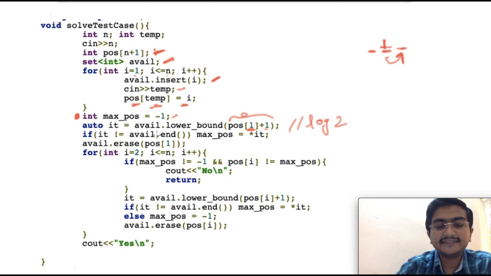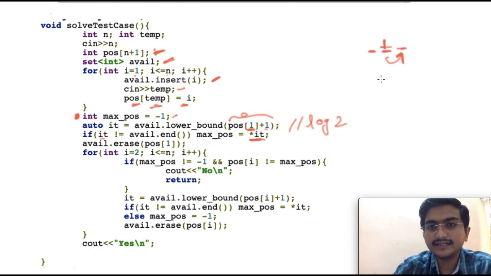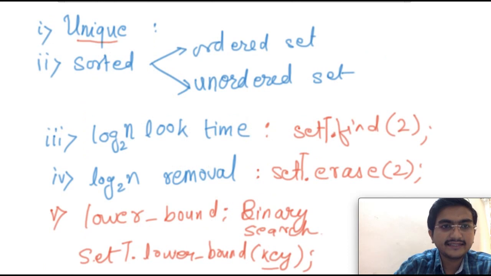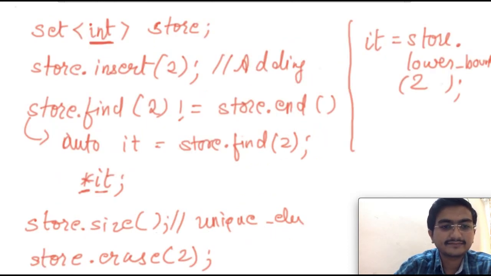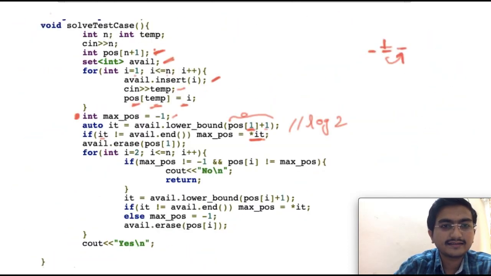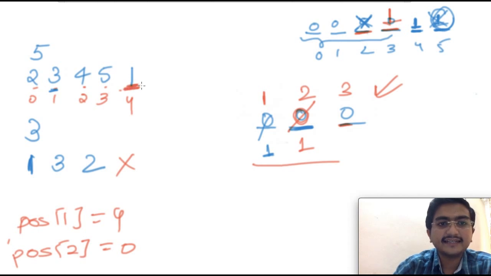And if iterator is not equal to avail dot end, then max position is equal to the actual position. Suppose in this case, after adding 1, my max position will still be -1, because no element is present after 1.